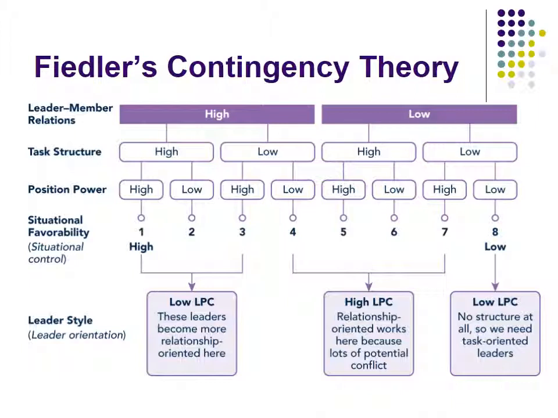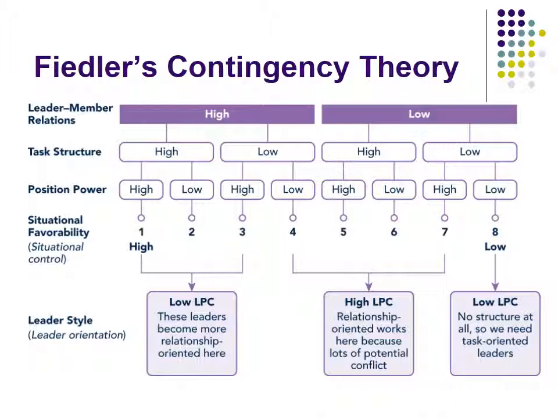So the idea here is that if you have high relations with your employees, the task structure is high, and then regardless of your position power, if the situational favorability is high, what you want is low LPC leaders. These leaders become more relationship oriented here. There already is a good relationship between the leaders and the followers.